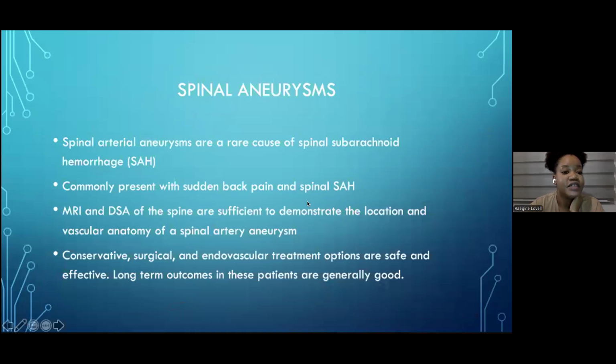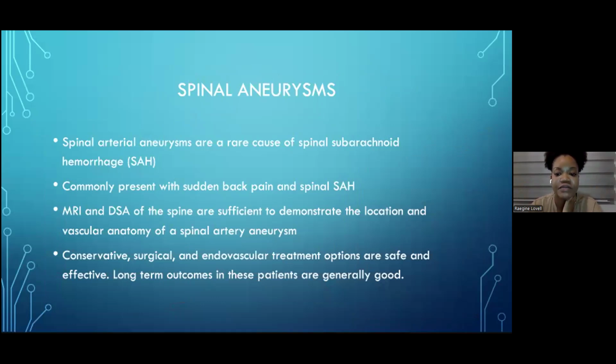And finally, to end, we'll talk about spinal aneurysms briefly, which are very rare culprits of subarachnoid hemorrhage with different morphological features than their intracranial counterparts. Associations with concurrent vascular lesions and vasculopathy are frequent, with a minority of the cases of spinal aneurysms being isolated in etiology.